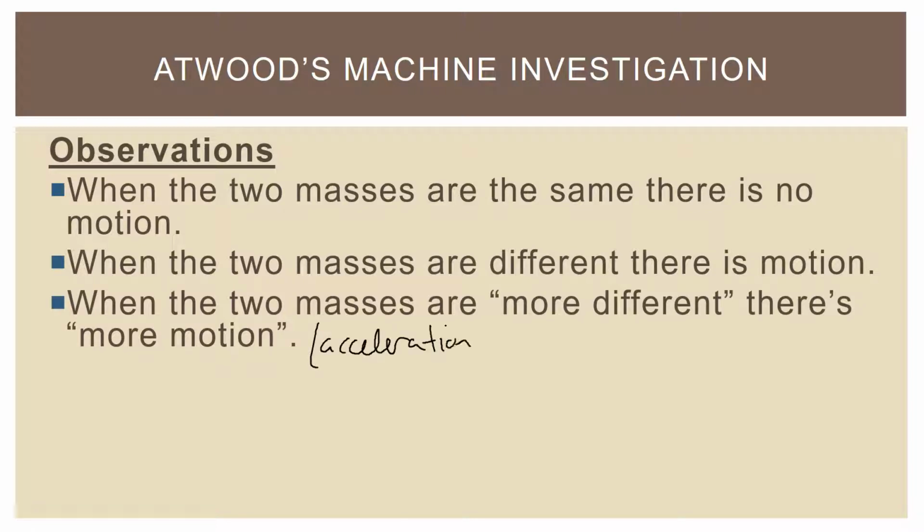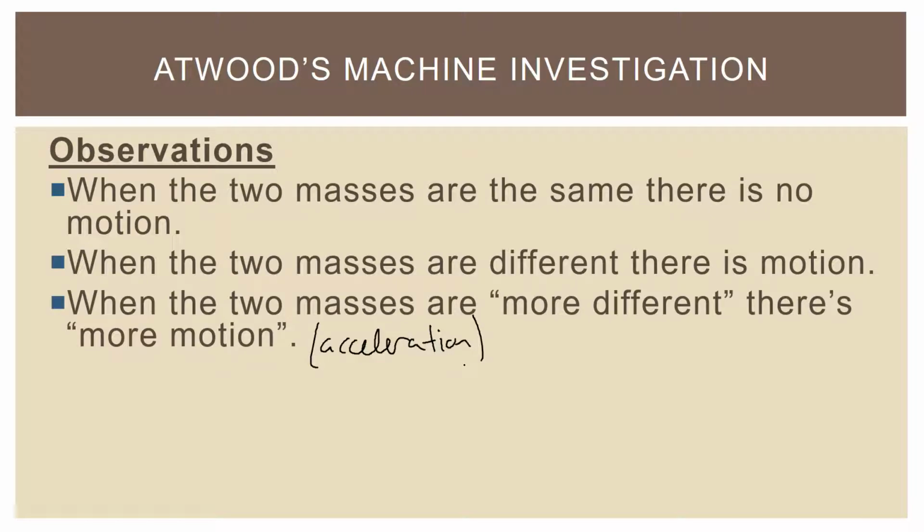And so when we say more motion, we really mean more acceleration. Now, of course, as I hope everybody saw where I was going with that last point, mass is not something that could cause an object to move, or accelerate at least. Force is.